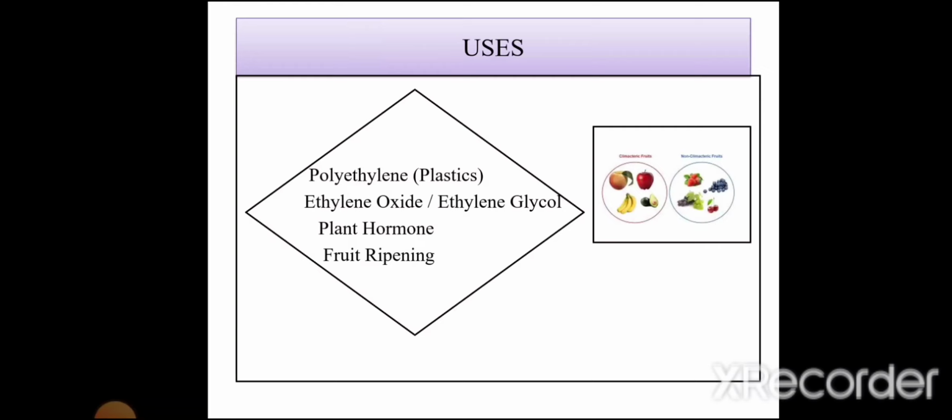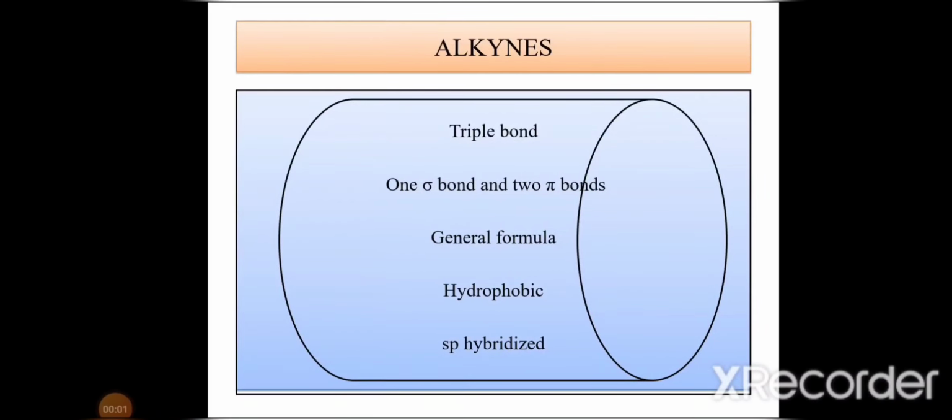Ethylene oxide and ethylene glycol are used to make polyester for textiles as well as antifreeze for airplane engines and wings. It is a plant hormone and it is used to hasten fruit ripening in tomato and apple and for degreening of citrus fruits. The next hydrocarbon is alkynes.